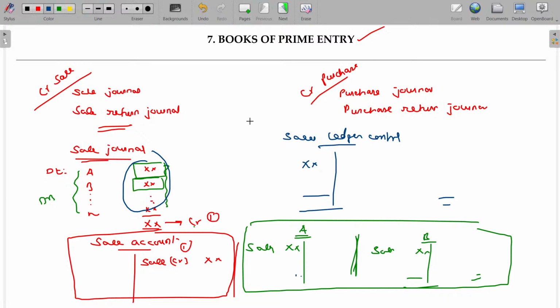Whatever the transaction gives rise, the amount recoverable from them will be posted here. The value decreasing will be posted here. All the sales increasing, the amount recoverable from them will be posted here. It's a summation of the sales of all the parties. This will be the sales to A only. This will be the summation of the sales to all the parties.